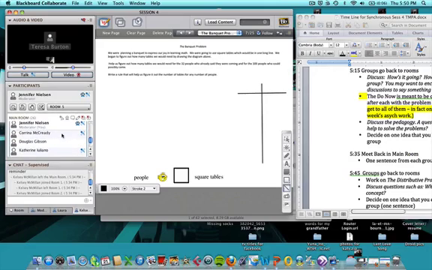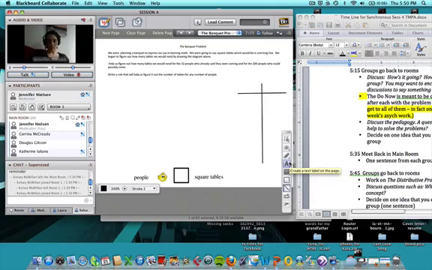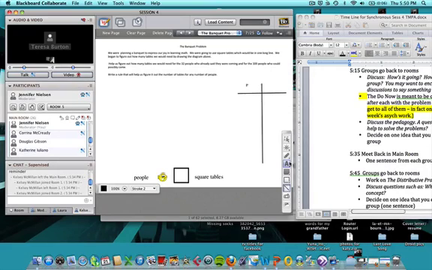Well, on one side, we should have the number of people, and maybe P. Okay. So can somebody write a P on one side? And then what would be on the other side?